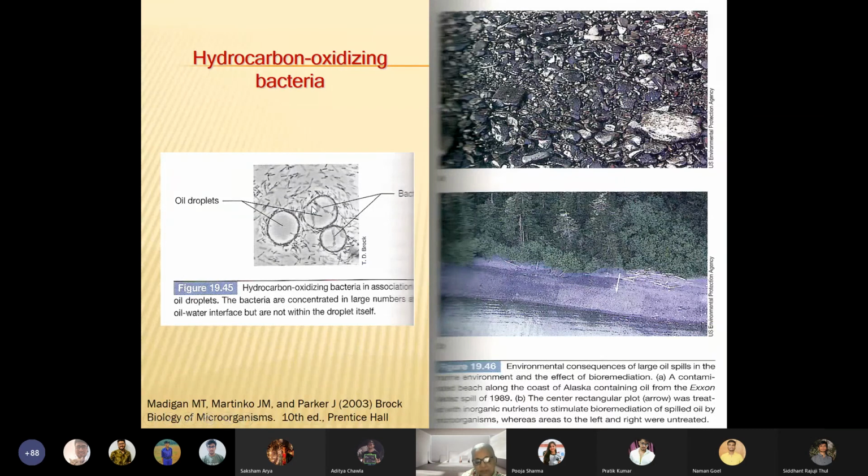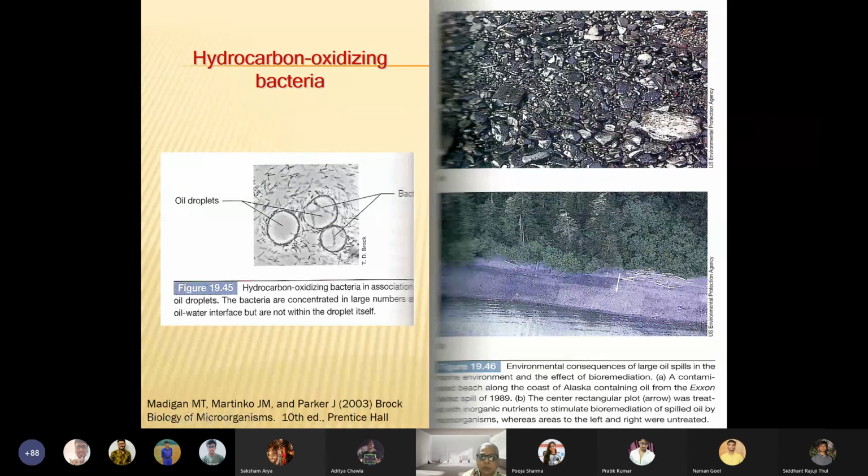So these bacteria are capable of degrading oil, but it's going to be a slow process for the simple reason that oil and water don't mix, and the bacteria need water. Their nutrients are in the water and they can swarm literally on the surface of the oil, utilize it as a carbon source, and that's how it can be degraded.